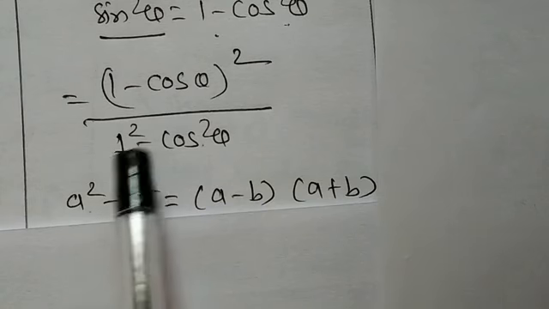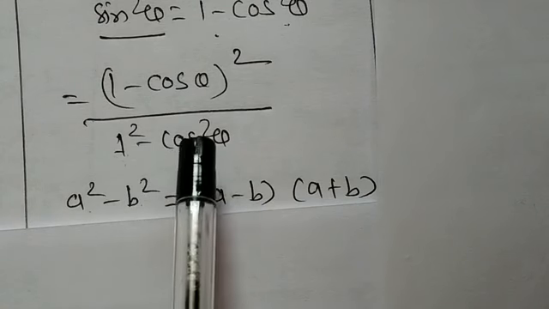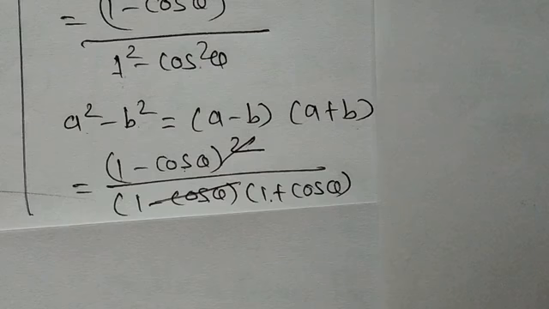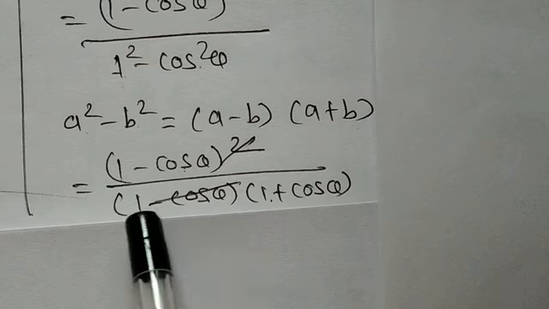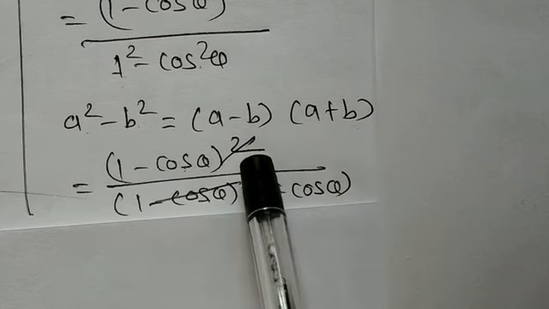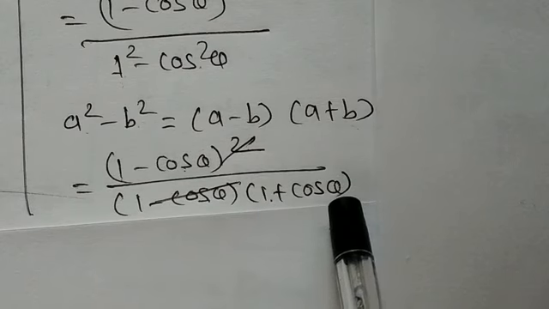I can write 1 minus cos theta in the first bracket and 1 plus cos theta in the second. So put here (1 minus cos theta) square upon (1 minus cos theta)(1 plus cos theta). Now check it: one factor of (1 minus cos theta) will cancel. Then what remains is 1 minus cos theta in the numerator and 1 plus cos theta in the denominator.